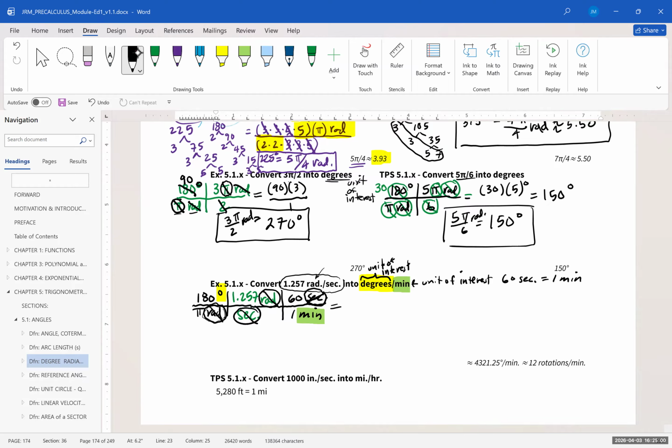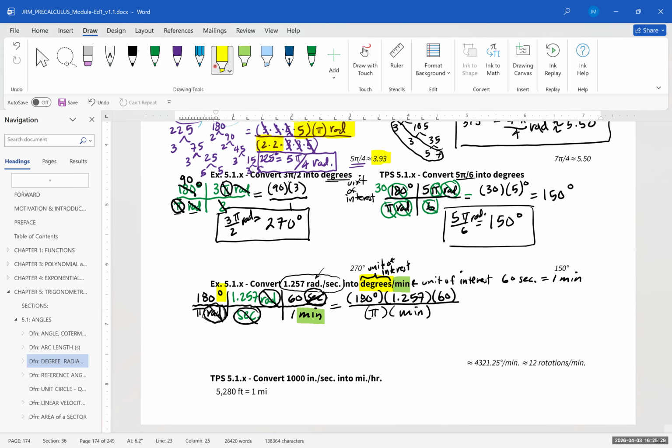So let's go ahead and carry everything across. We have 180 degrees times 1.257 times 60. And that's divided by pi minutes.